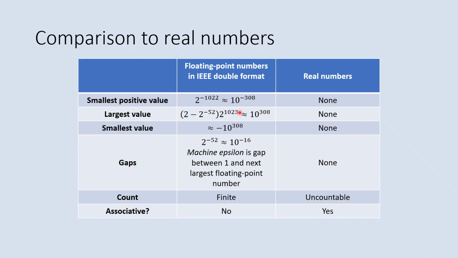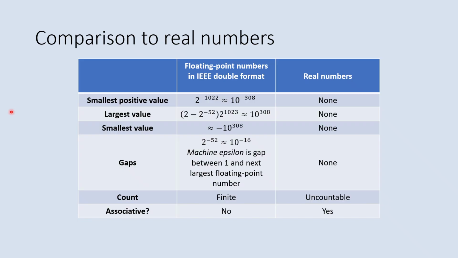So again, the floating point format doesn't correspond to real numbers. Even if we went to the 128-bit representation or the 256-bit representation or any other representation, the largest and smallest values get larger and smaller correspondingly, but they still have a limit, and so they're still not exactly representing real numbers.